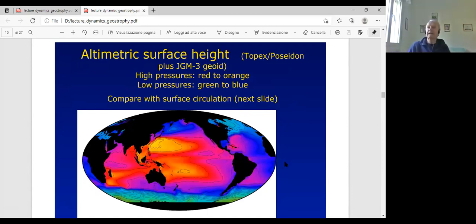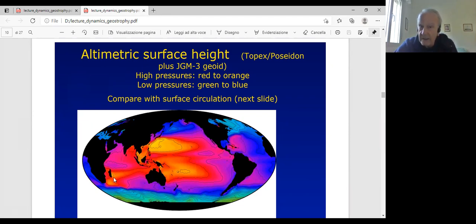Let's see the altimetric surface height. Altimetric surface height is exactly what I told you before, the height of the sea level with respect to the geoid, as you remember when I introduced this. And you can see that the sea surface is high in mid latitudes northward, in a sub-equatorial region here, and in the northern and southern hemispheres.